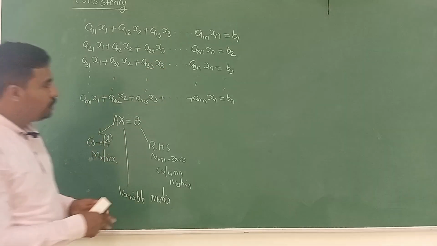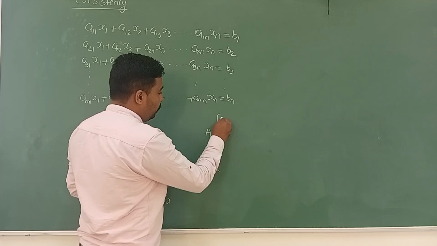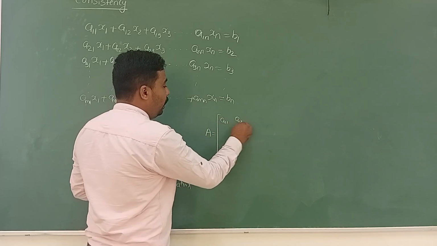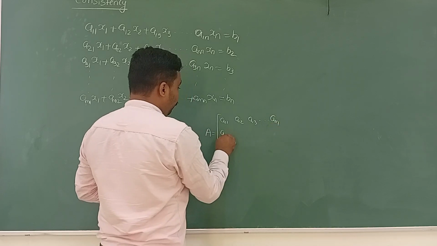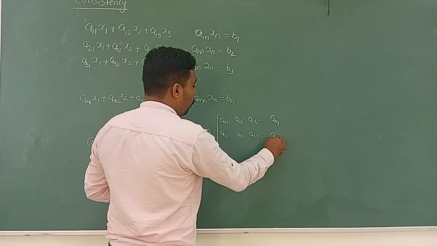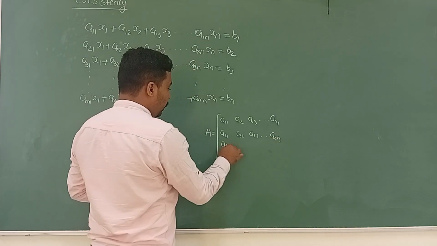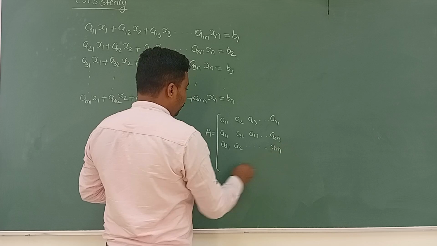If I express it in this form, how does it look? A equal to a11, a12, a13, dot, a1n, a21, a22, a23, dot, a2n, a31, a32, dot, a3n, and it continues like that.